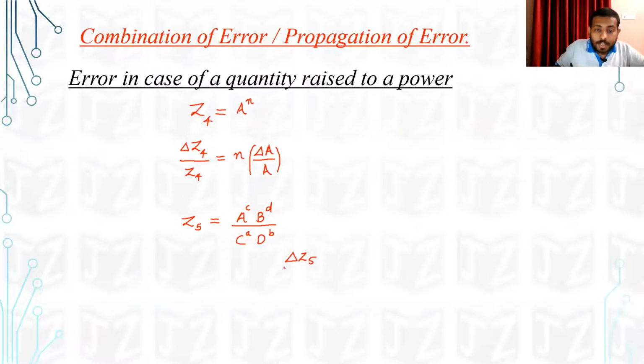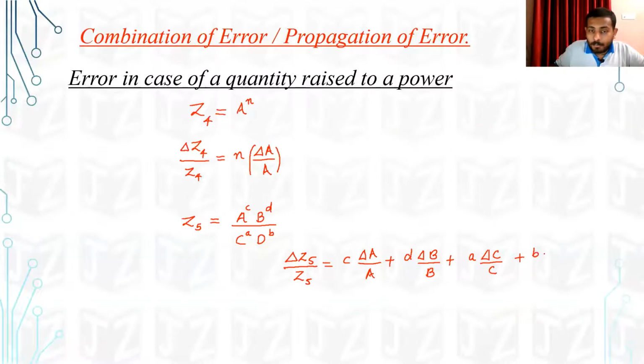Relative error in Z5, delta Z5 by Z5, is equal to C multiplied by delta A by A plus D multiplied by delta B by B plus A multiplied by delta C by C plus B multiplied by delta D by D. To calculate the error, we can multiply Z5 to this side.